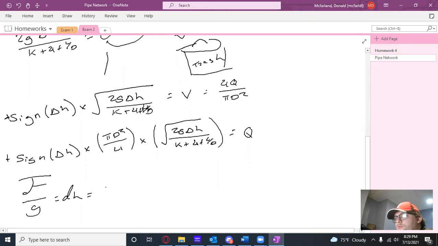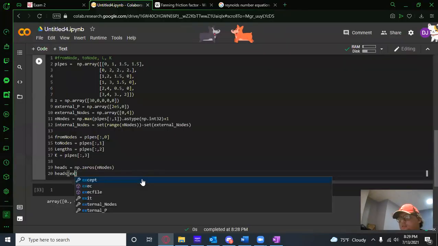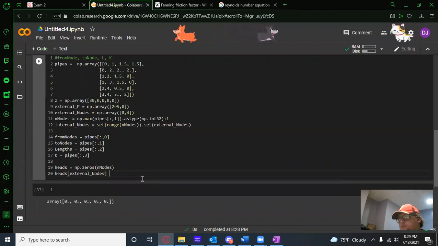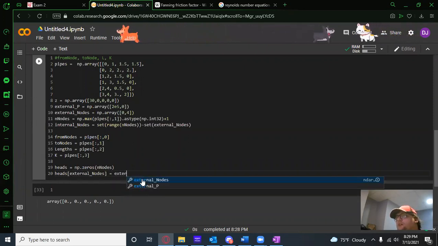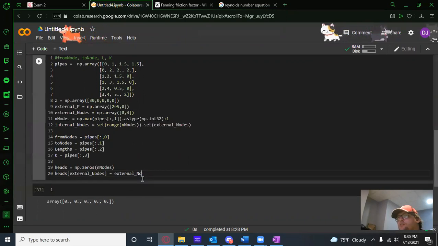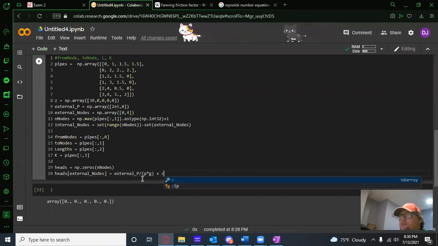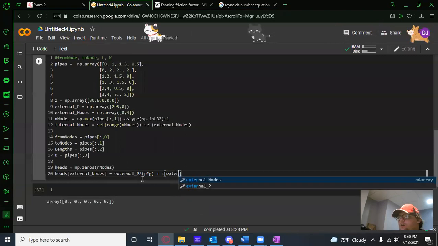So we have our pressure over rho g plus Z. So for our external nodes, we can calculate our delta H by using our external P array over rho times gravity and adding our Z external nodes.